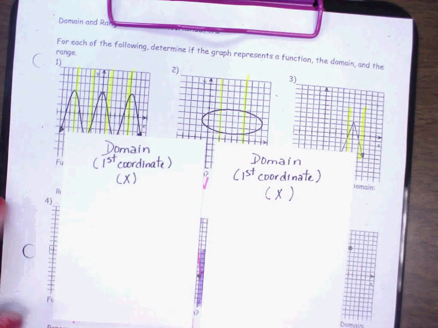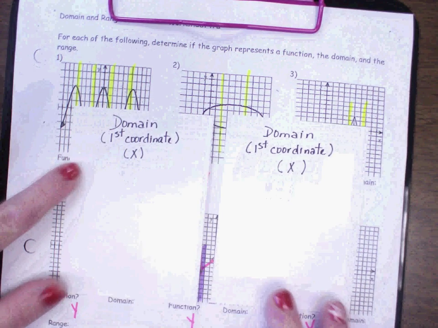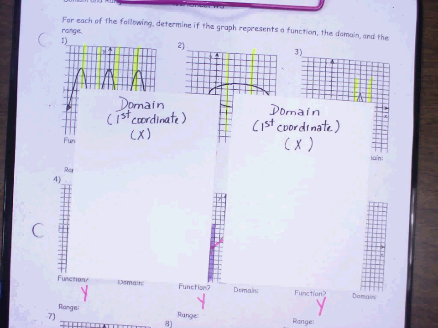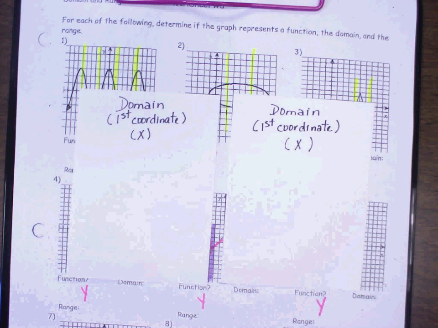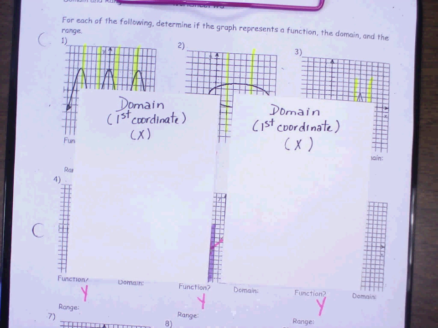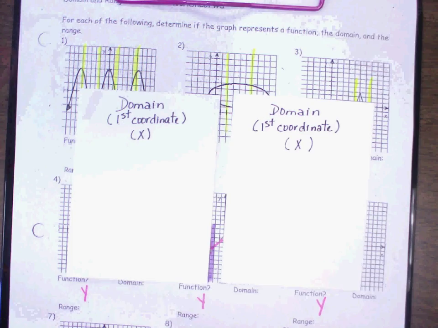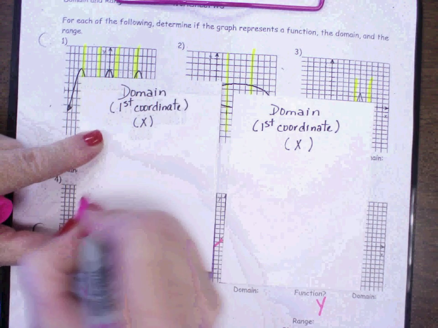What are the elements of the domain? Somebody told me my x's. Very good. All right. So, when you are looking for the elements of the domain, which are your first coordinate, which is your x, right? How do you look at the graph? Do you look at the graph horizontally or do you look at the graph vertically?